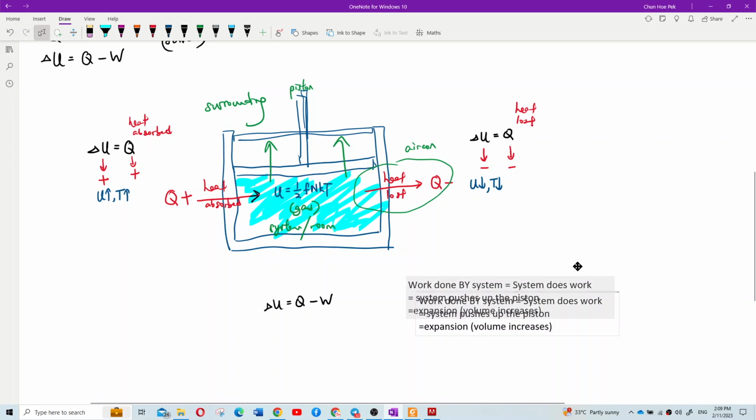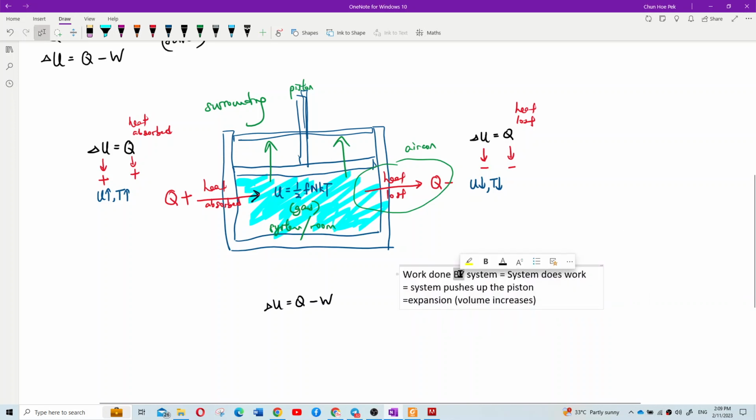So work done by the system means who does the work? The system does the work. The system, that means the gas. The gas is the one who does the work.